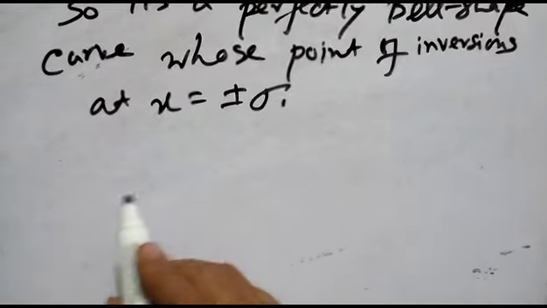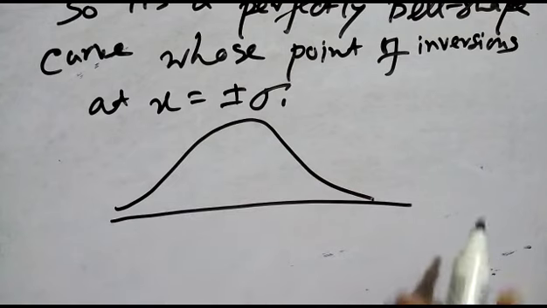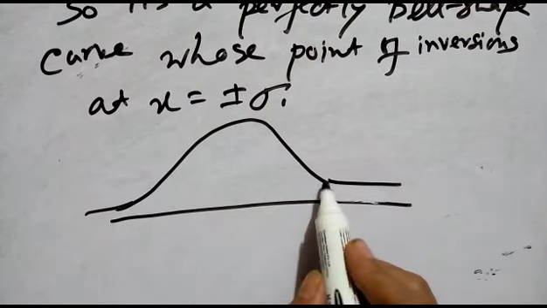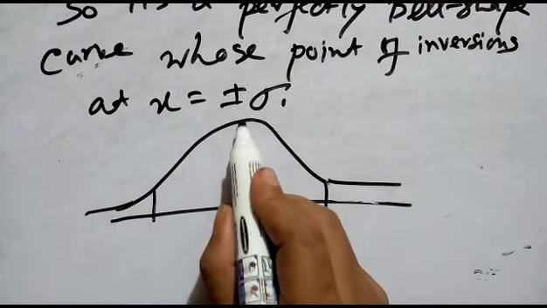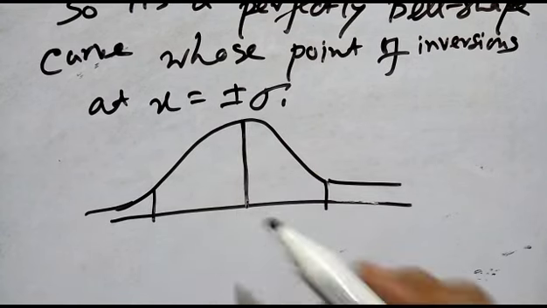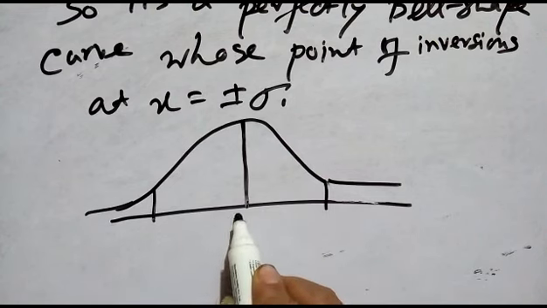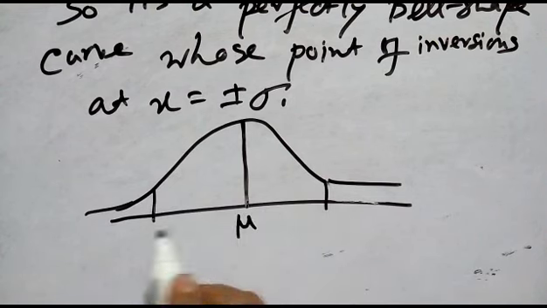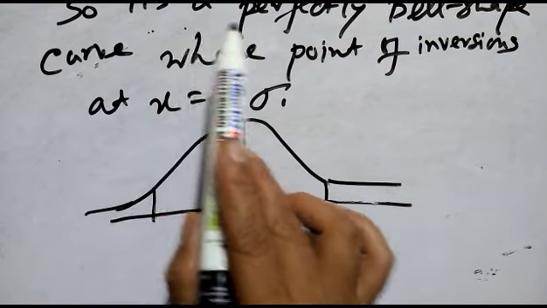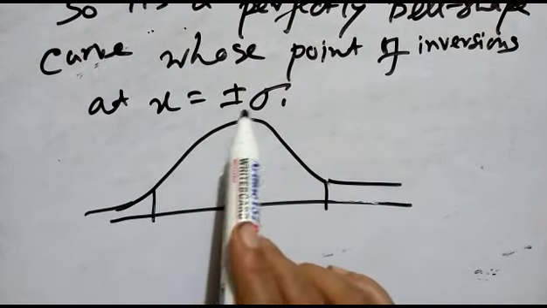That means if you consider a bell-shaped curve, and this one is your mid value, that means this is your average value, mu, and sigma.